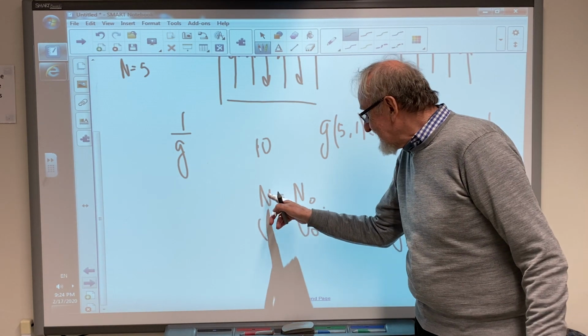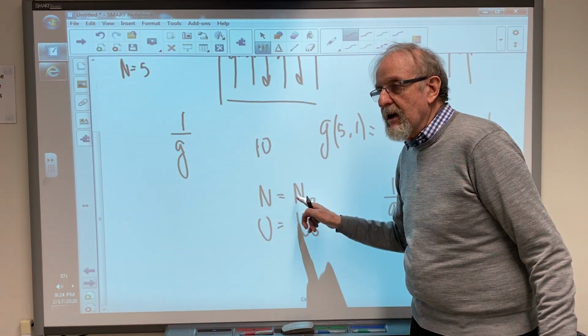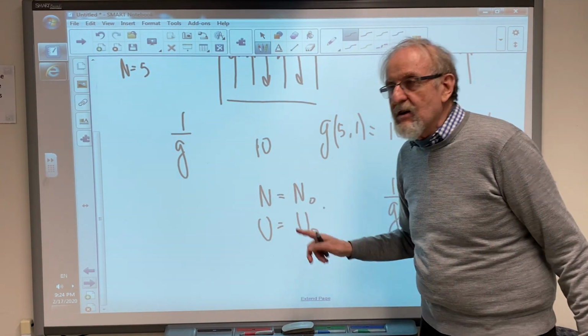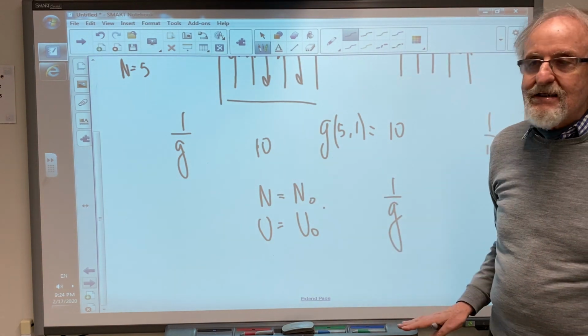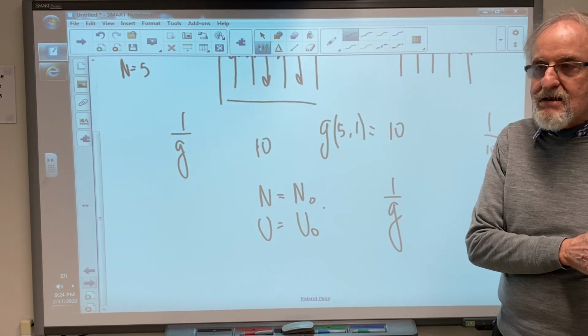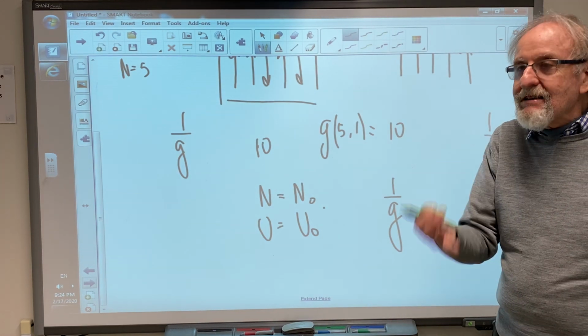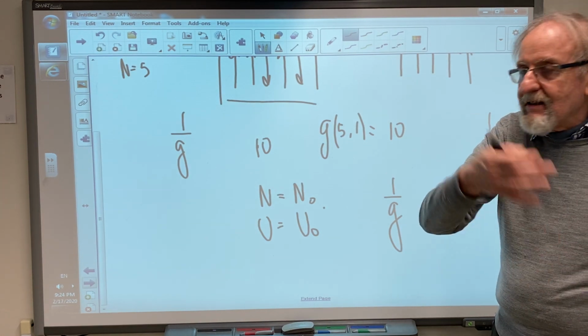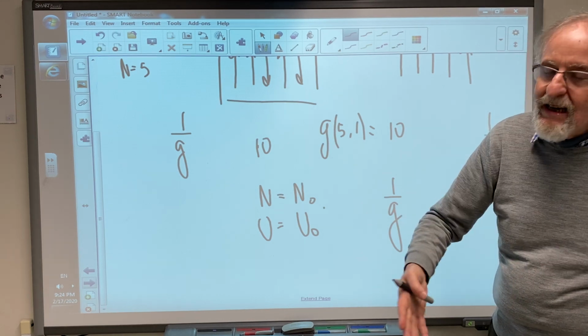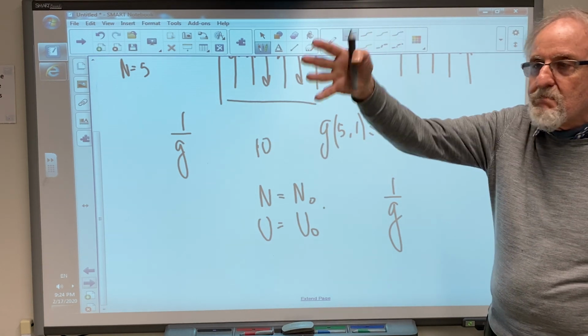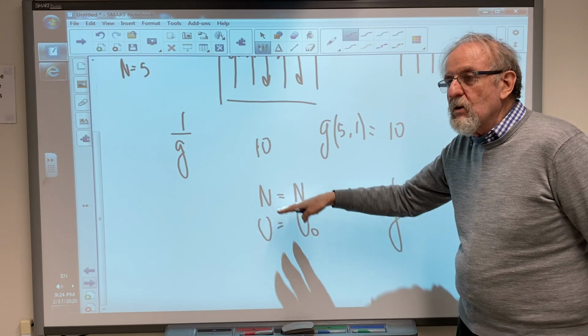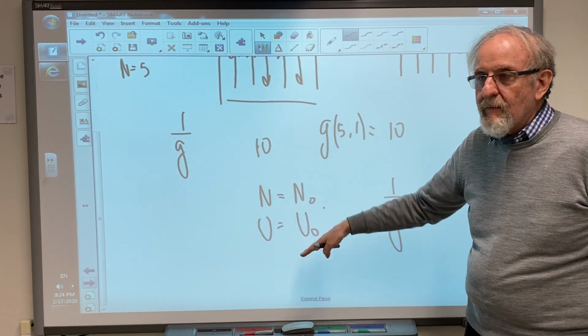Any state that doesn't respect either of these two things has probability 0, and I don't count it in my ensemble, because with probability 0 I don't have to include it. And then any mathematical calculation I need to do, any physical calculation, what is the temperature, the pressure, I do it averaging over these numbers.